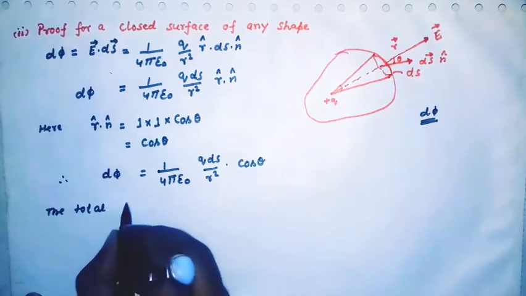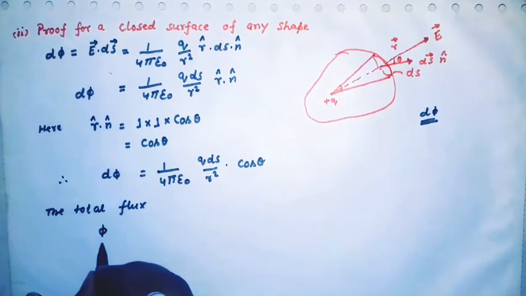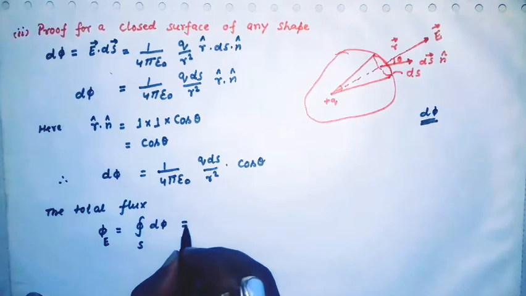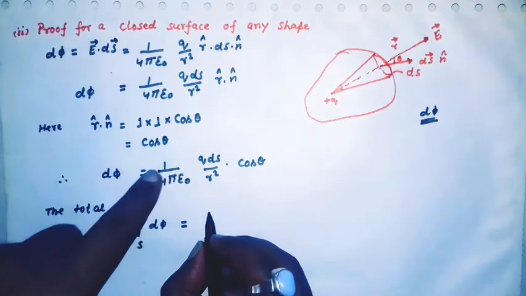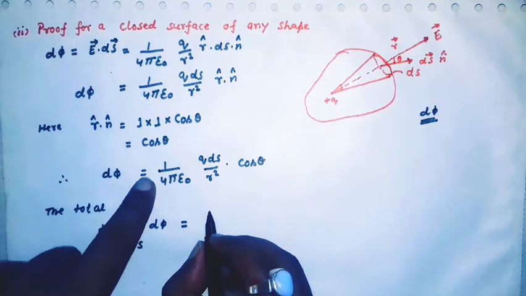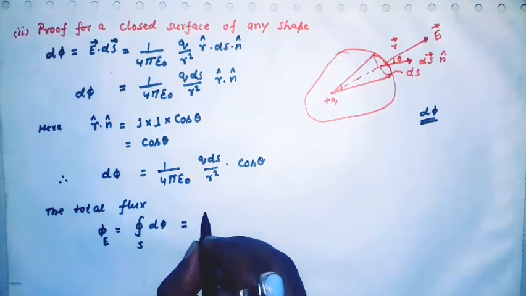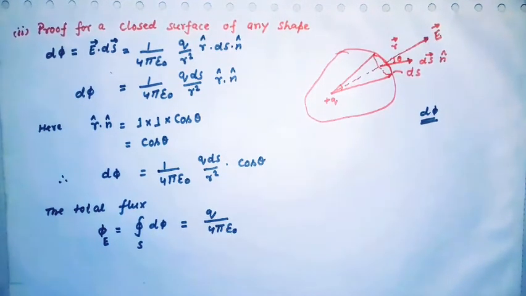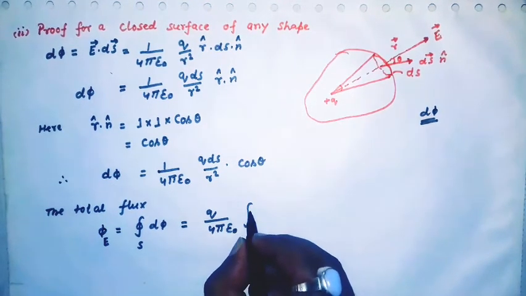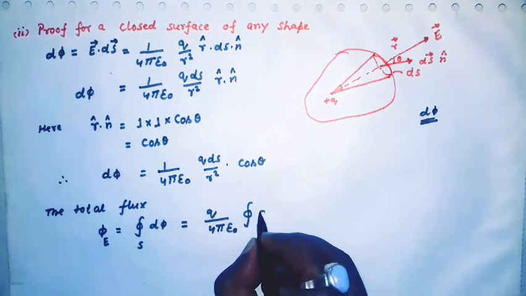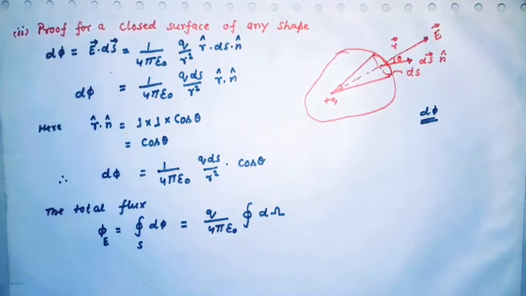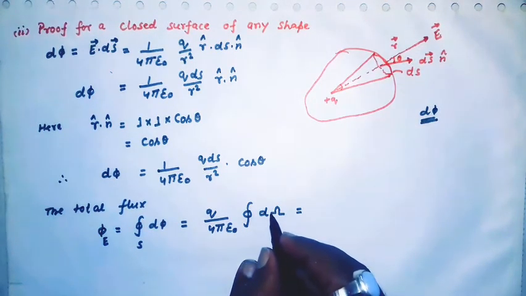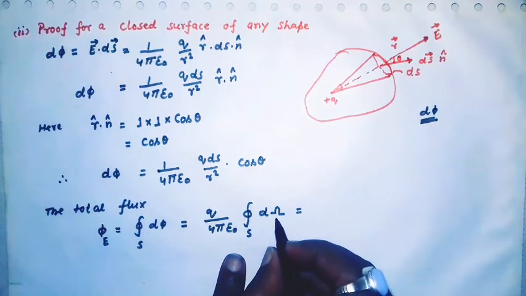The total flux is given by phi e equal to the surface integral of d phi, and this will be equal to q upon 4 pi epsilon naught, which is constant, so take it out, and the rest of the quantity we have already defined as d omega, and the value of d omega for the overall surface is 4 pi.